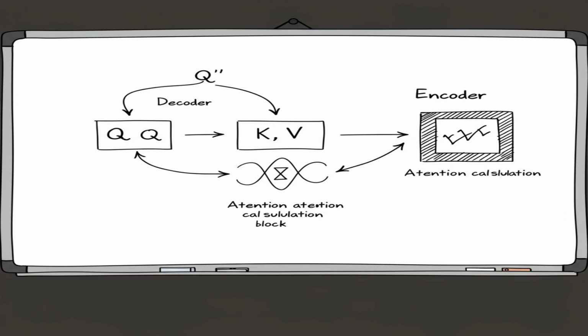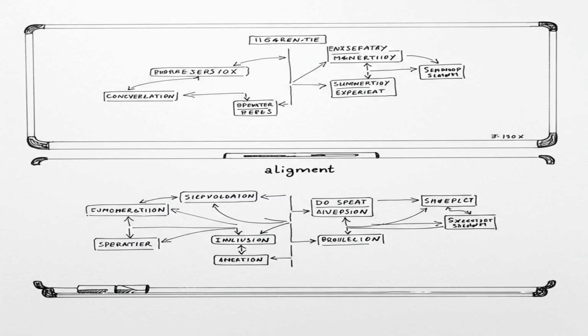After its own self-attention, the decoder has a special encoder-decoder attention layer, also known as cross-attention. Here, the decoder's query interacts with the key and value vectors from the encoder's final output. This allows the decoder to pay attention to relevant parts of the input sentence while generating the output, aligning the two sequences.